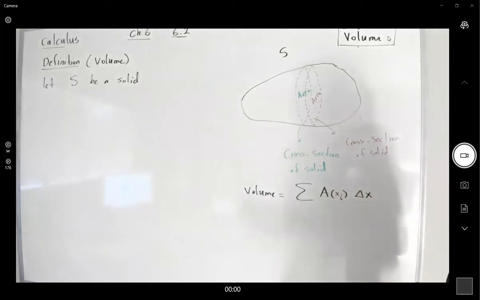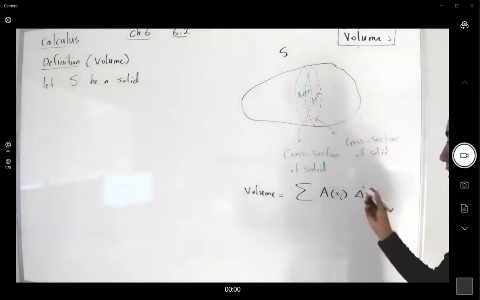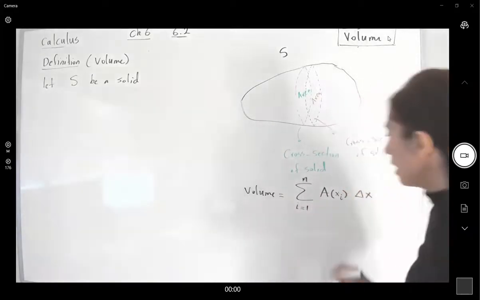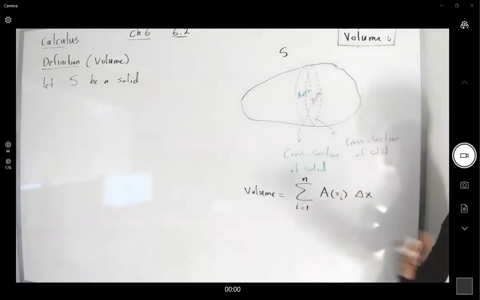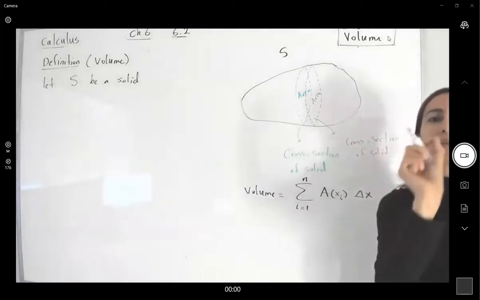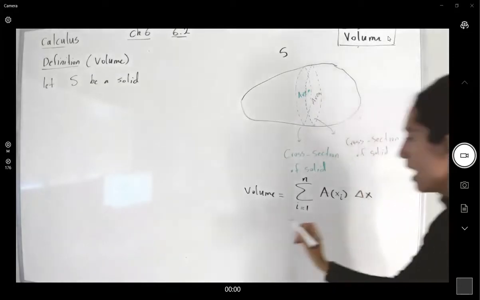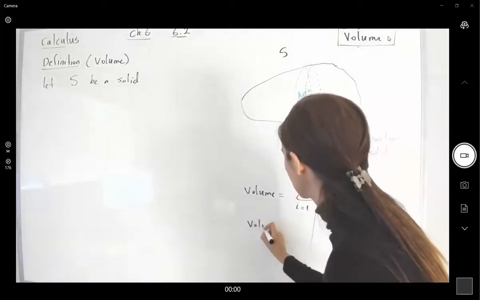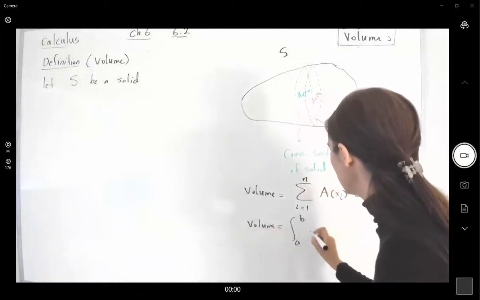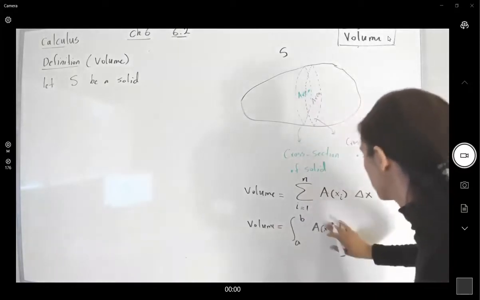Sometimes we can use just the middle numbers, putting a star on top of x, but this i ranges between 1 to n, and then we start taking the limit as n goes to infinity. We are making these very close to each other. Subintervals are getting closer and closer, and the volume turns out to be the definite integral of A of x dx.